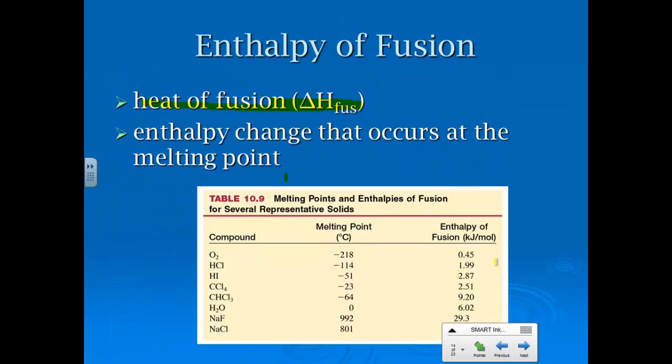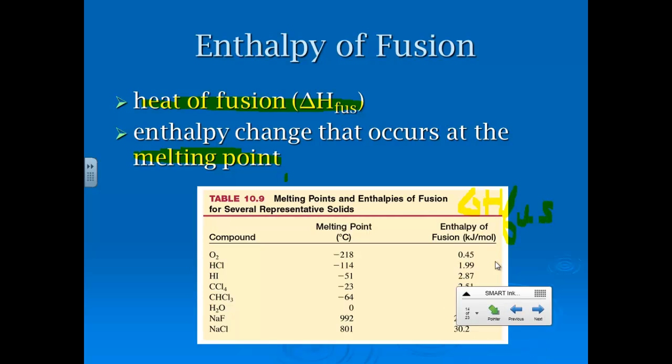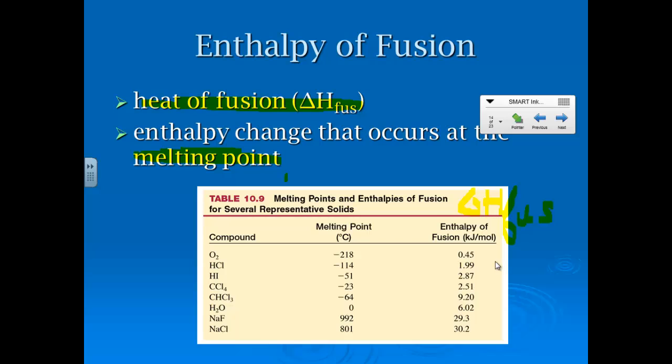Now for the heat of fusion, this is the enthalpy change that occurs at the melting point. So for your compound, you've got its melting point and its enthalpy of fusion, or delta H fusion. For example, oxygen is 0.45 kilojoules per mole. Again, as you get up to higher intermolecular forces, if we're just moving down here, oxygen is nonpolar, so it's pretty low.